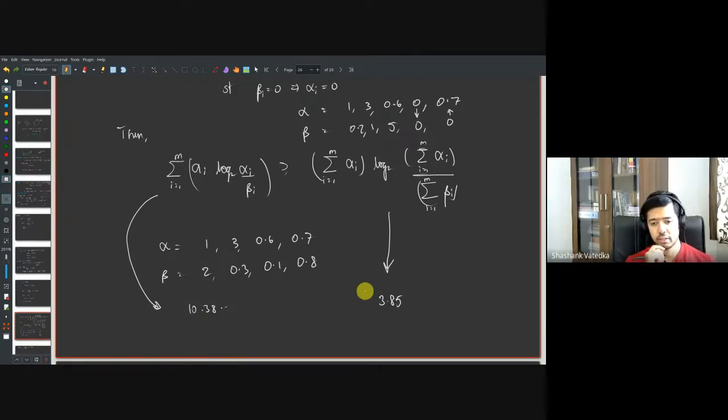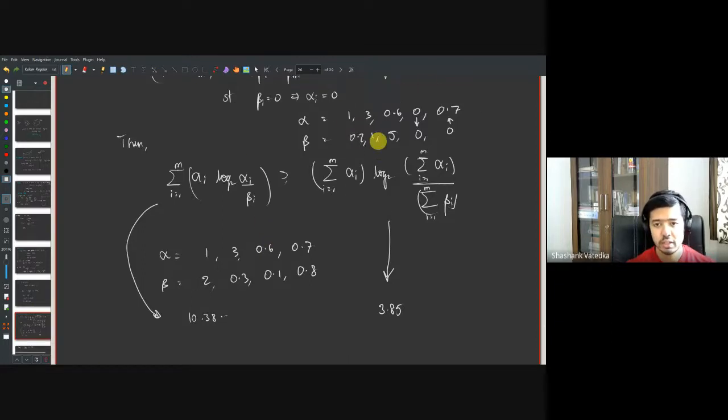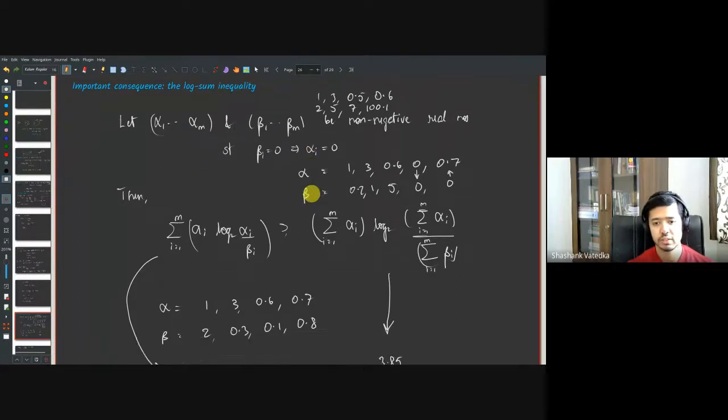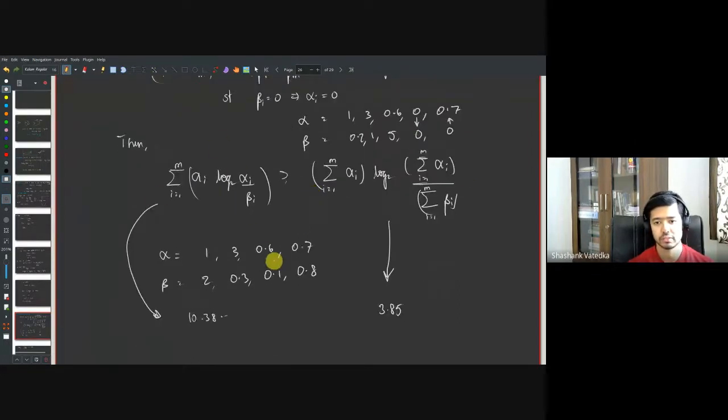So that's interesting, and in fact this holds for any set of real numbers. No matter how you choose these real numbers, as long as this particular condition is satisfied. In particular, if all the alpha i's and beta i's are strictly greater than 0, then this is always satisfied.